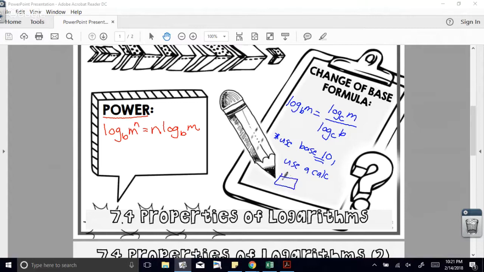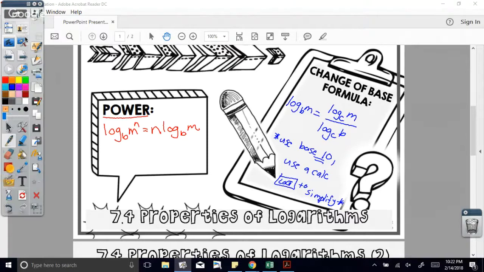In the calculator, there is a log button, so you can use the calculator log to simplify, which is one of the main reasons a lot of times we'll use base 10. There's another one that has a base of e, which we're not quite to yet. So for now, when we talk about the change of base formula, we're going to make everything a common log, which is a base of 10. Again, the purpose of this, for now, is so that we can put these problems in a calculator.